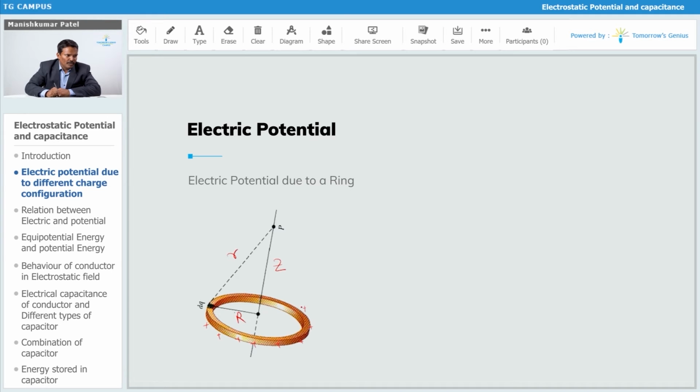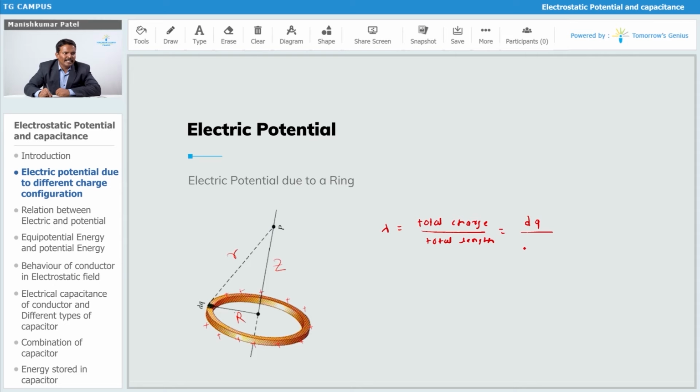So we know that the charge is distributed uniformly, so you can use the linear charge density, lambda, which equals total charge upon total length, that is Q upon total length, 2 pi R. But that is also the same for the infinitesimally small charge dq and that small length also.